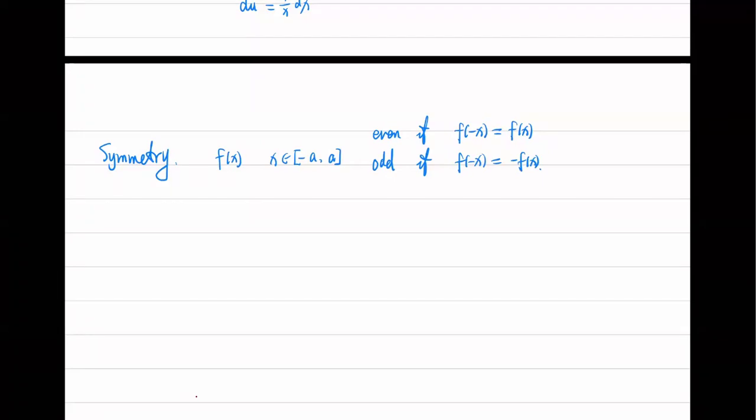Then when we do the definite integral of the symmetric functions on a symmetric domain, if it's an even function, then we say it's twice the integral.